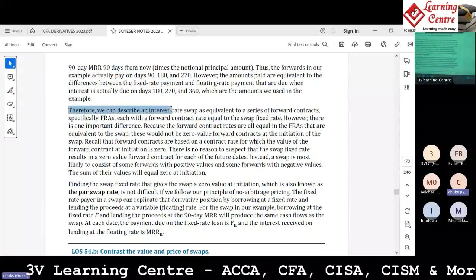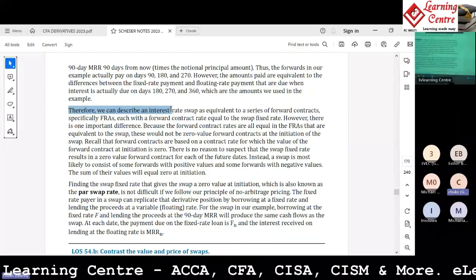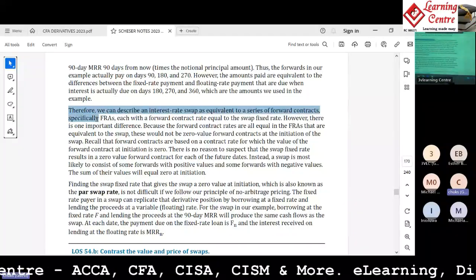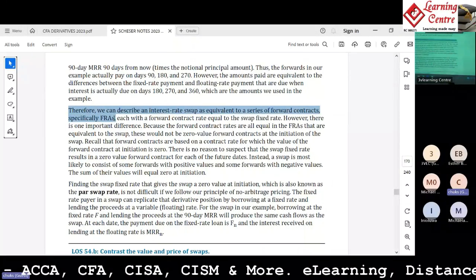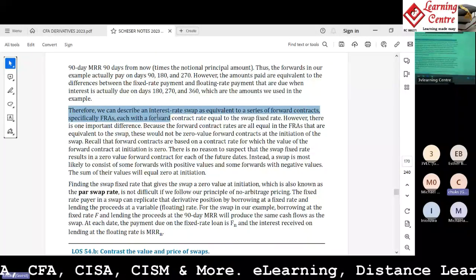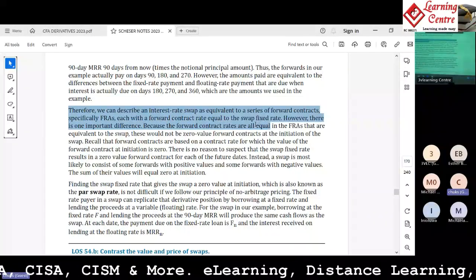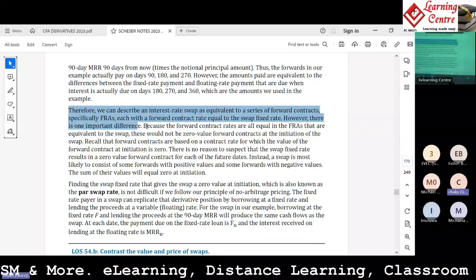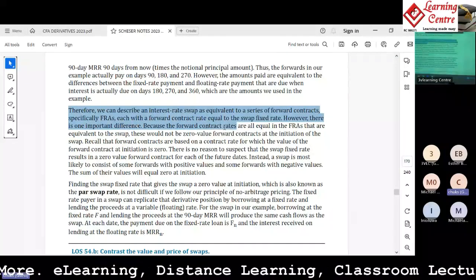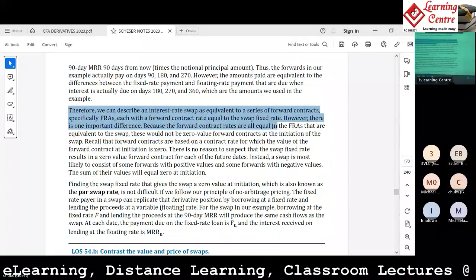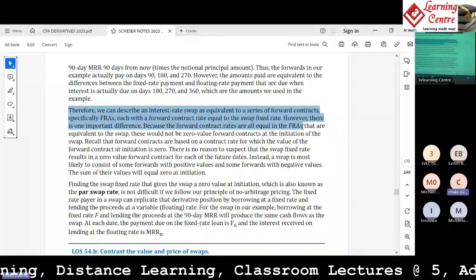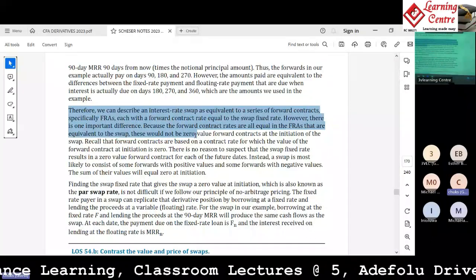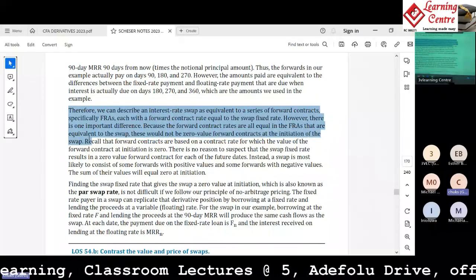So therefore, we can describe an interest rate swap as equivalent to a series of forward contracts, specifically FRAs, which are forward rate agreements, each with a contract rate equal to the swap fixed rate. However, there is one important difference. Because the contract rates are all equal in the FRAs that are equivalent to the swap, these would not be zero-value forward contracts at the initiation of the swap.